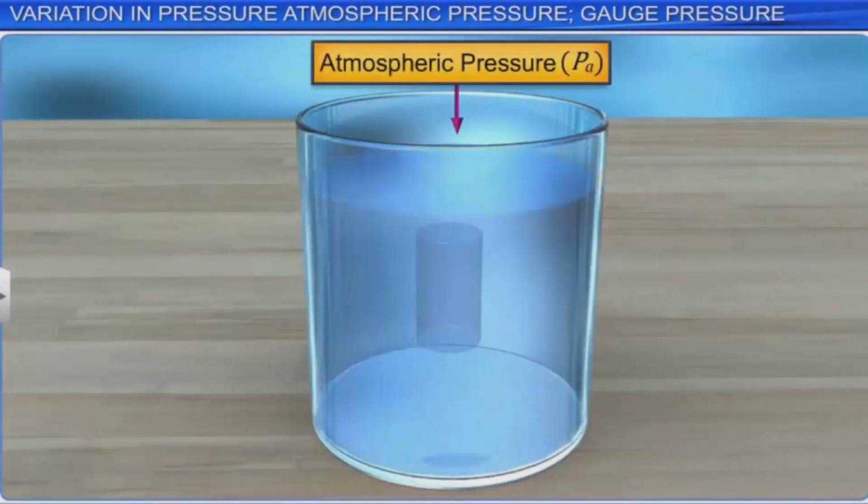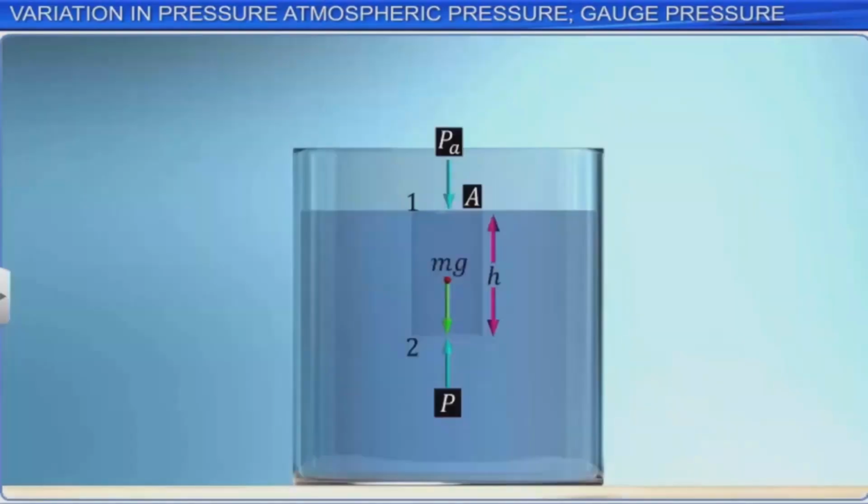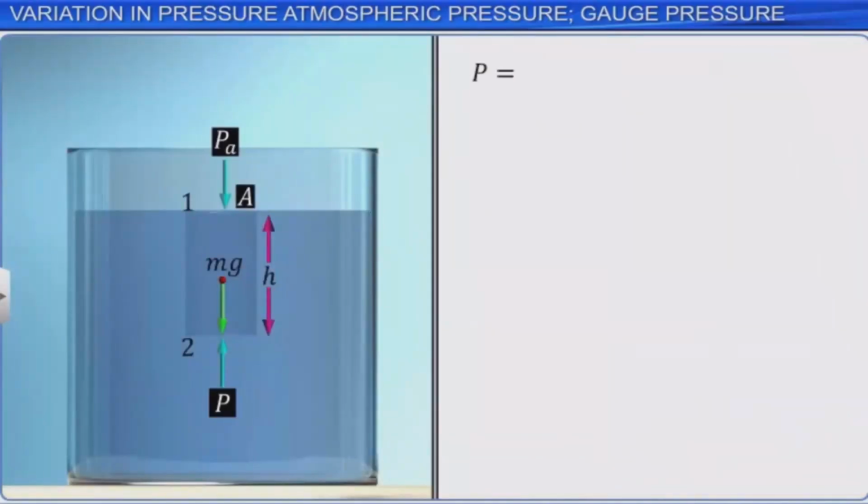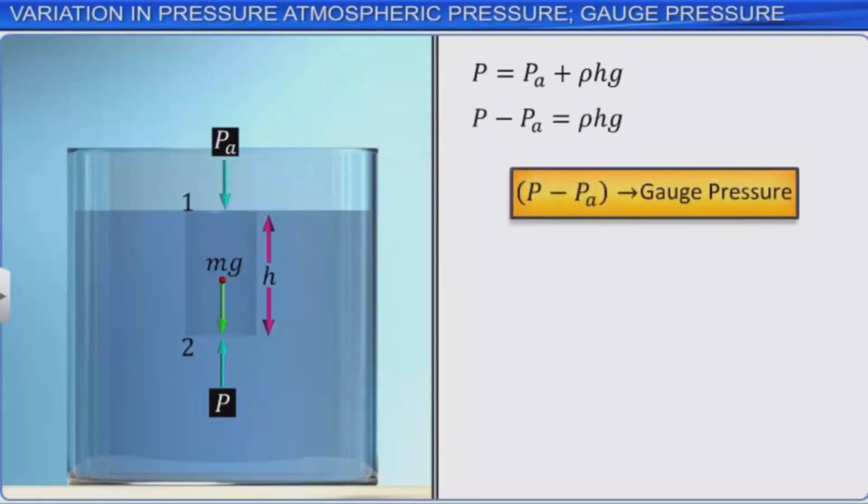If point 1 of the liquid element considered is on the top surface of the liquid and is exposed to the atmosphere, then the pressure at the bottom of the element becomes P equals PA plus rho hg, where PA is atmospheric pressure. Here, the pressure difference, P minus PA, is called the gauge pressure at that point.